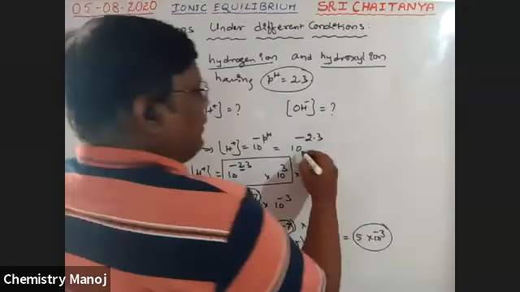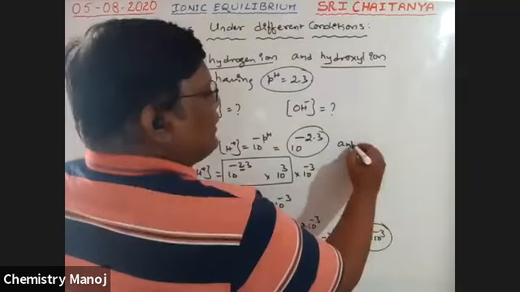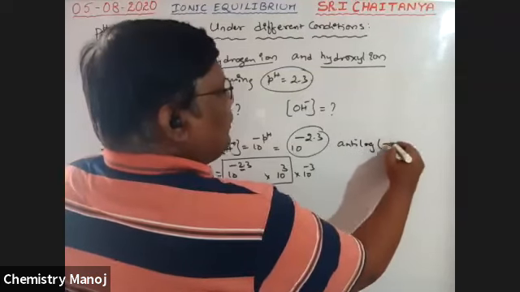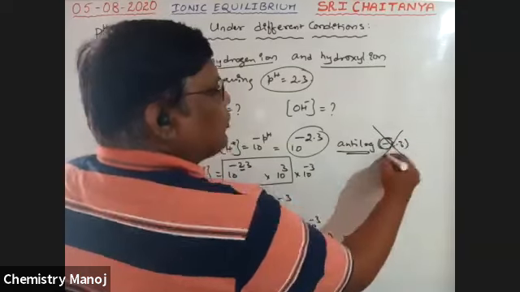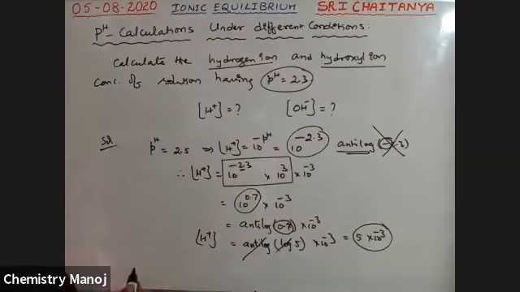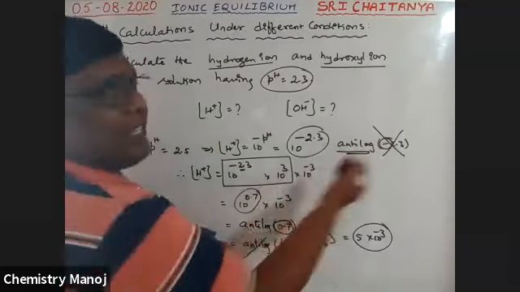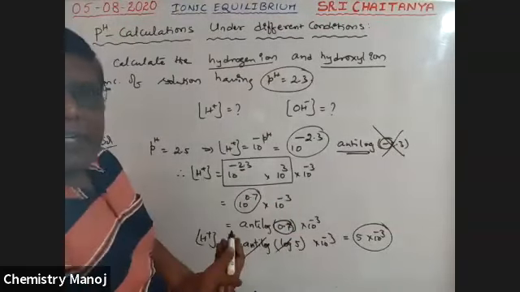So here, 10 power minus 2.5 is an anti-log with a negative value, and negative values are not acceptable, boys. That's why I convert that value into positive, so the next higher integer is added and subtracted.